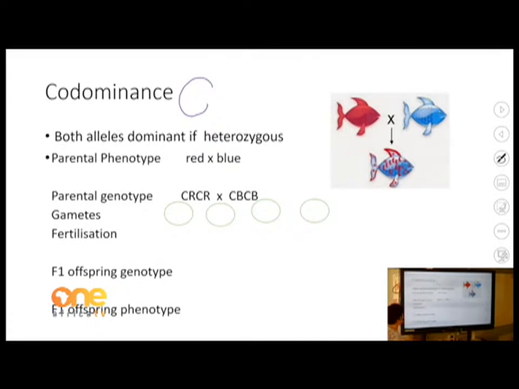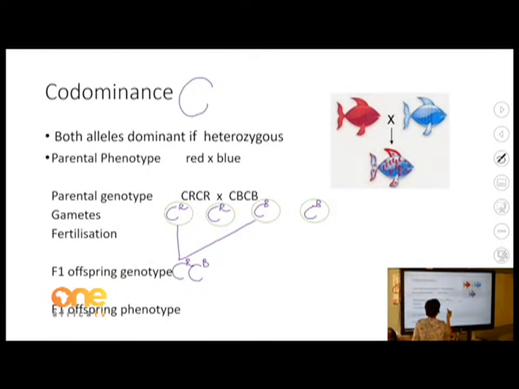So, the moment when my gametes form, it will look like this. When fertilization takes place, I can have a CR, CB. You agree?